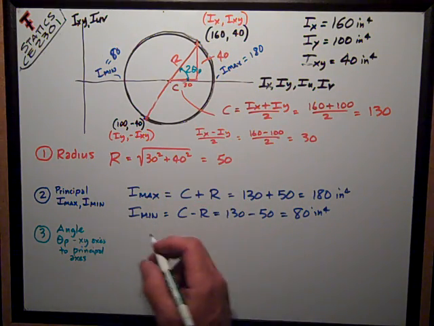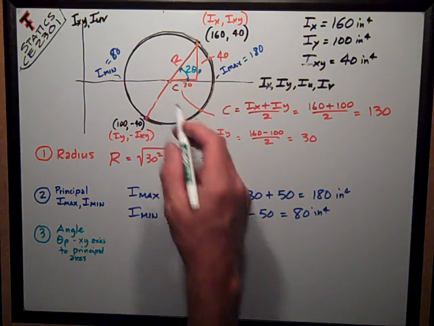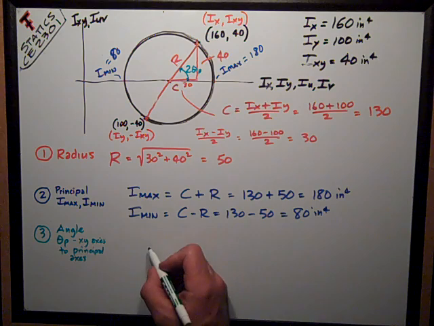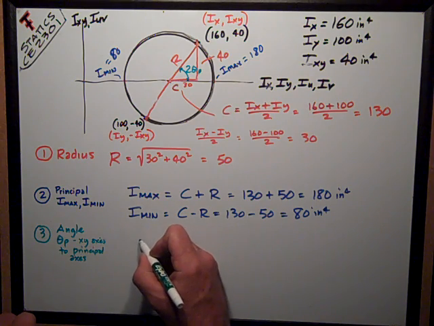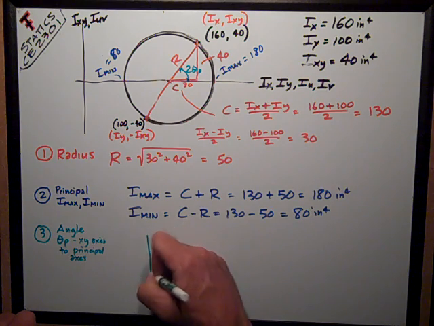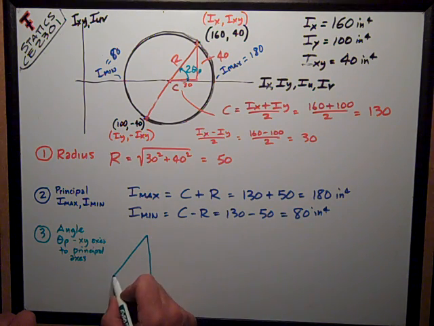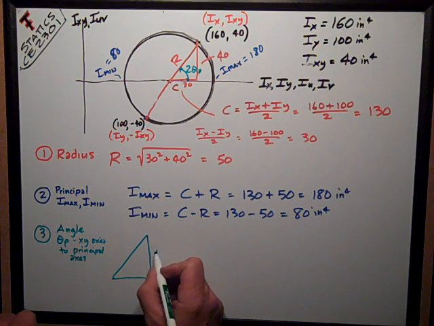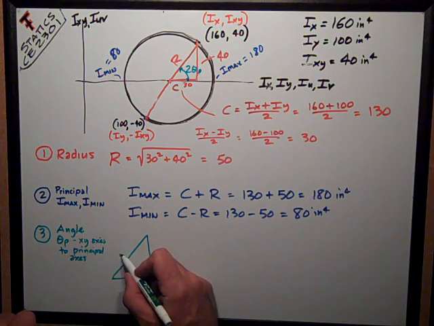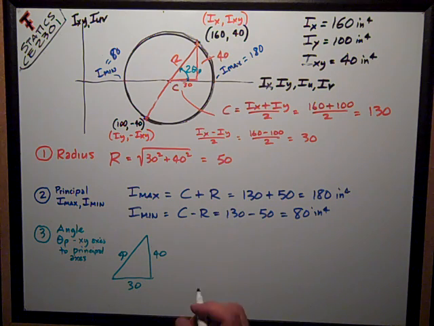It's the angle of that little 30, 40, 50 triangle. I can draw it down here, so I can work with it better instead of messing up the rest of my drawing. It's a triangle that's 40 and 30, and the radius is this 50, but I'm not going to deal with that.